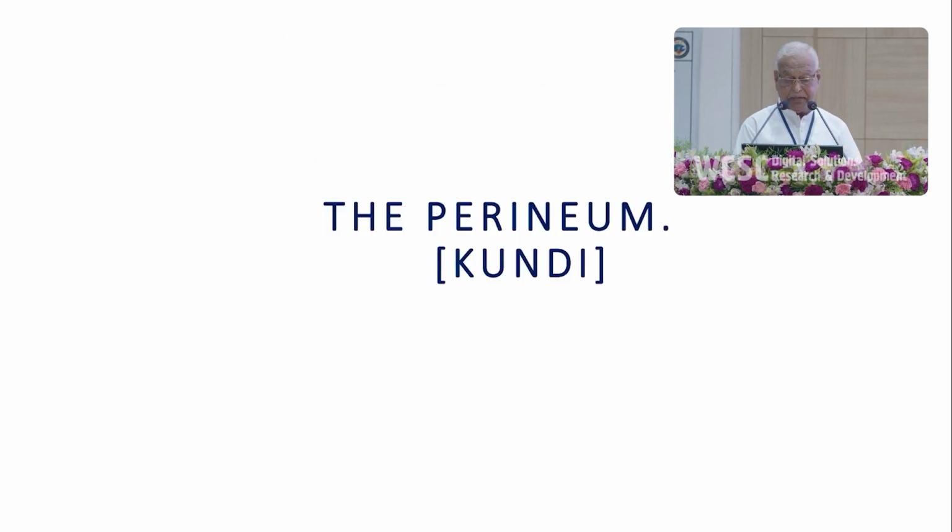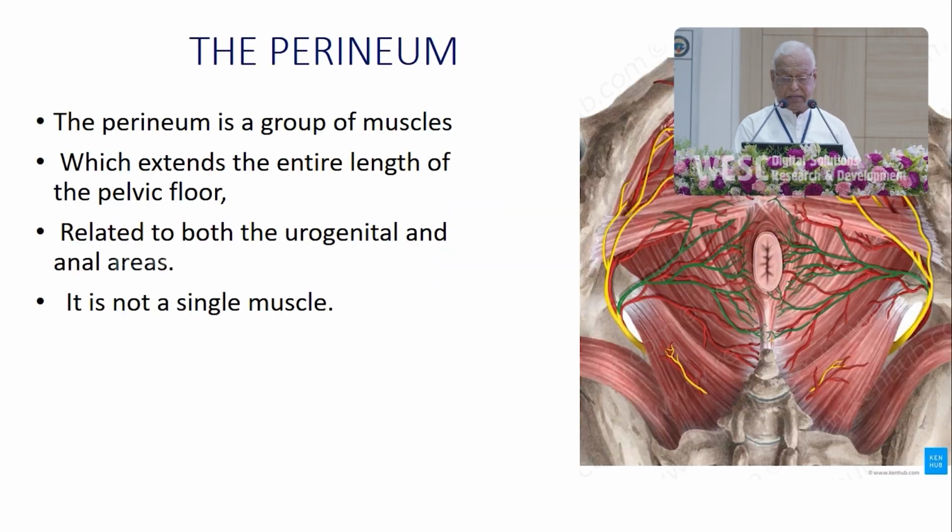Now let us see the perineum or the Kundi. It is not a simple area, it's a group of muscles. Our advantage is that it is supplied by only one nerve, the pudendal nerve. That pudendal nerve gives us the advantage in the Kayakalpa. Let me explain that later.